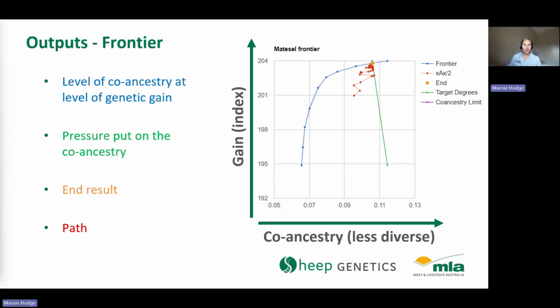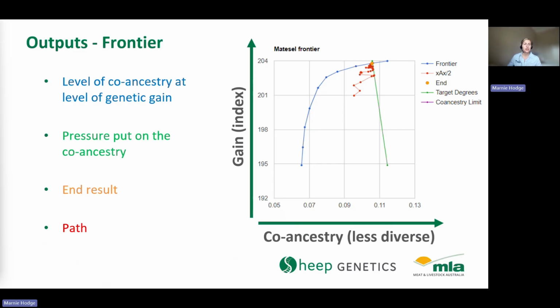The blue line on the front here is essentially the frontier line. That's the level of co-ancestry at the level of genetic gain. So each one of those dots represents the level of co-ancestry that coincides with the genetic gain that is potentially an option for the mating.